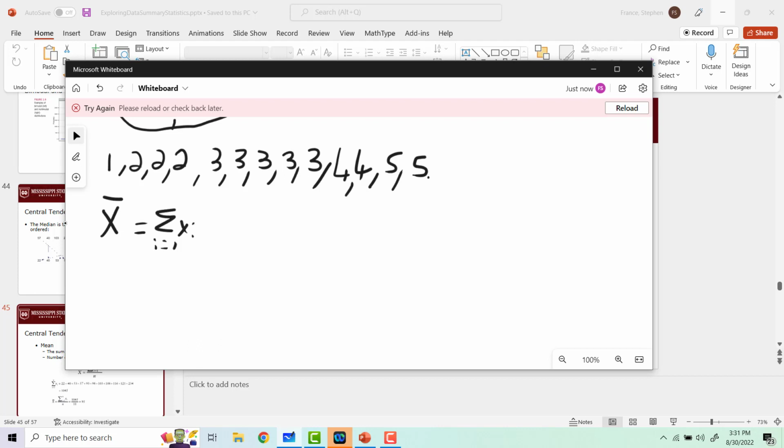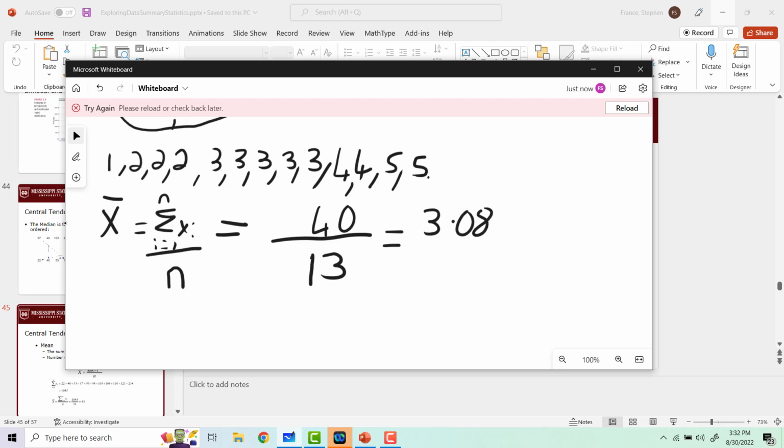And sometimes you wouldn't even write the i because 1 to n, you know what you mean by sigma xi. And if you remember, we have n of 13 numbers. So we go 10, 18, plus 15 is 33, plus 6, 39, plus 1 is 40. And that's going to be equal to 3.08 to 2 decimal places. And so that's the mean of that little example.